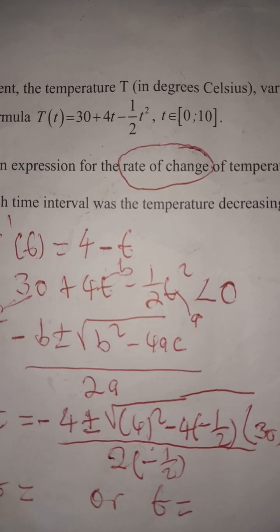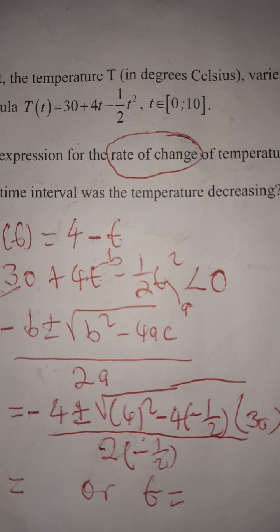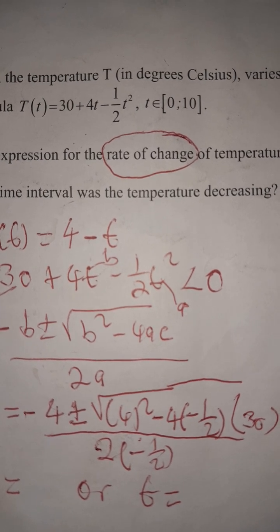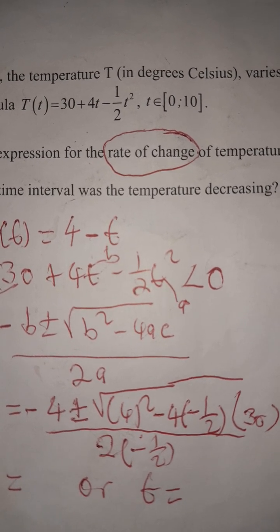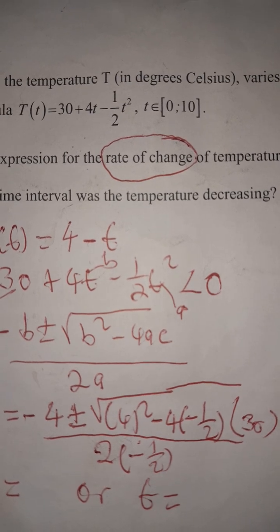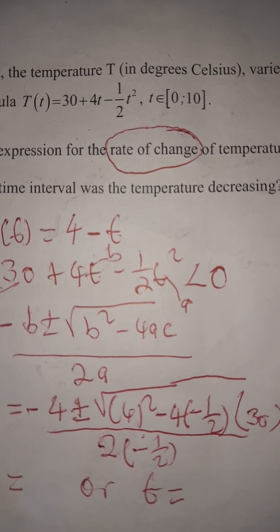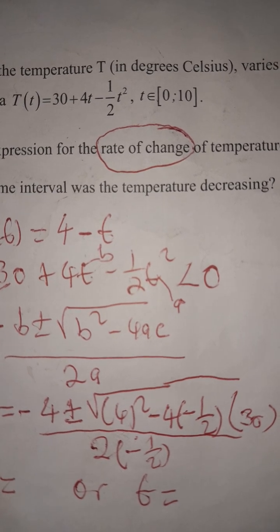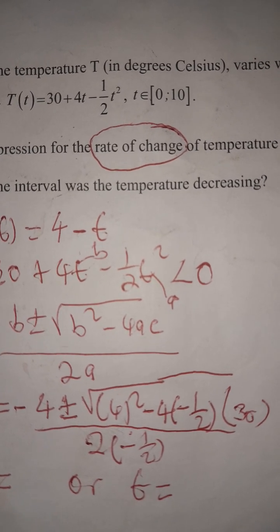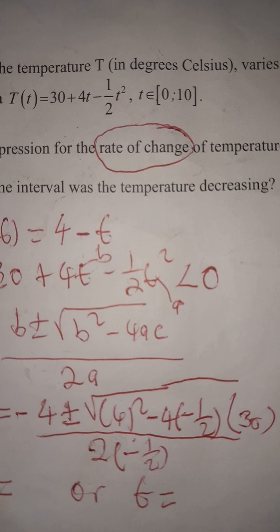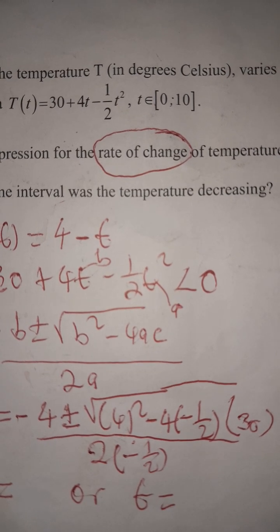So it's going to be negative 4 plus the square root of 4 squared, following our formula, minus 4AC.